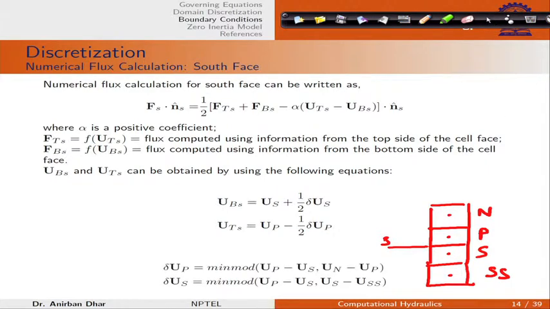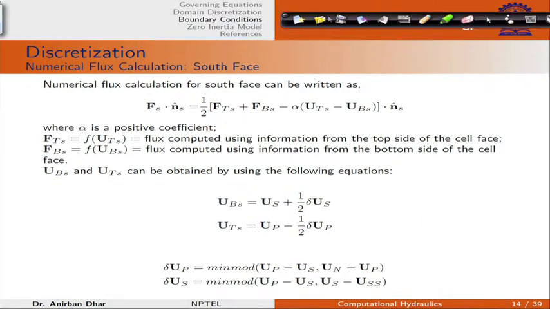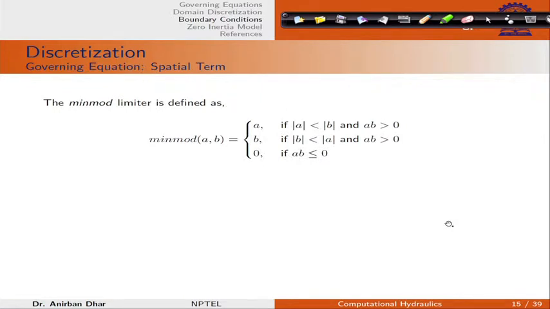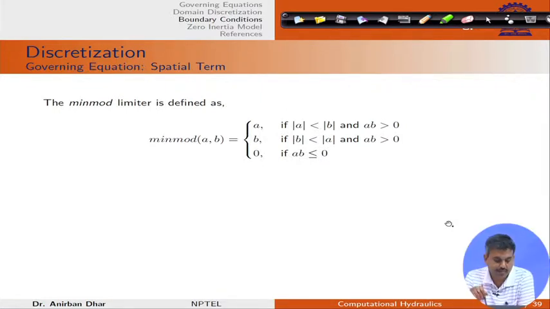So, with this we can again calculate the flux values at the interface. So, for all phases we can calculate this. Now, this is our general Mead-Mon limiter definition.